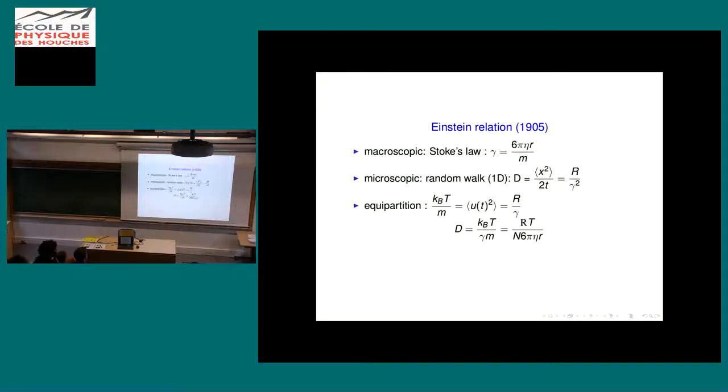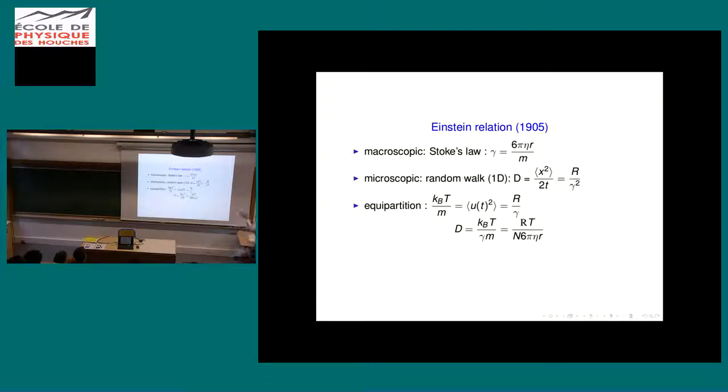Then Albert Einstein continued the calculations and found that the averaged square velocity is R over gamma. And from the microscopic world we also have the equipartition of energy, so that every particle has the same energy, and this Brownian particle has the same energy as a molecule, which is k_B, Boltzmann's constant, times the temperature, equal to the mass times the averaged square velocity.